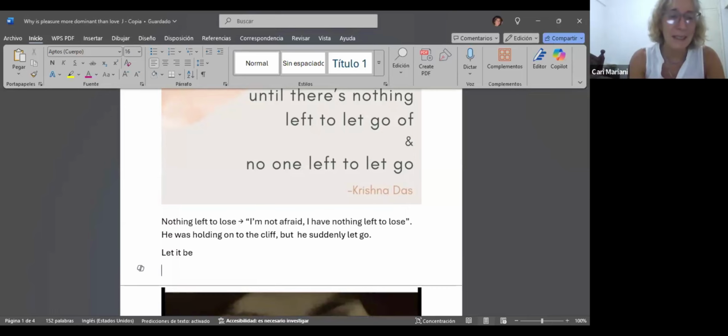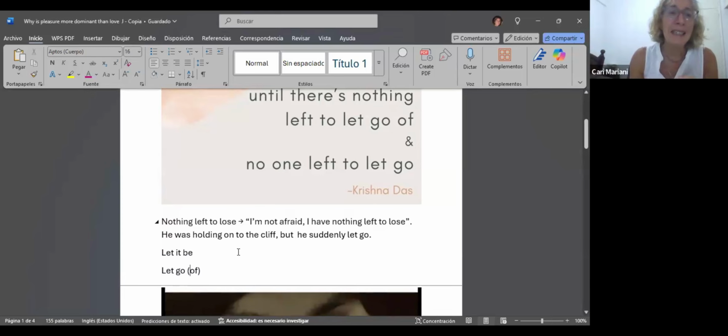Because what is it in Spanish? Let go, which in English can be used as let go or let go of, which is optional, the of. You can let go something or let go of something. It's the same. So, es el famoso soltar.